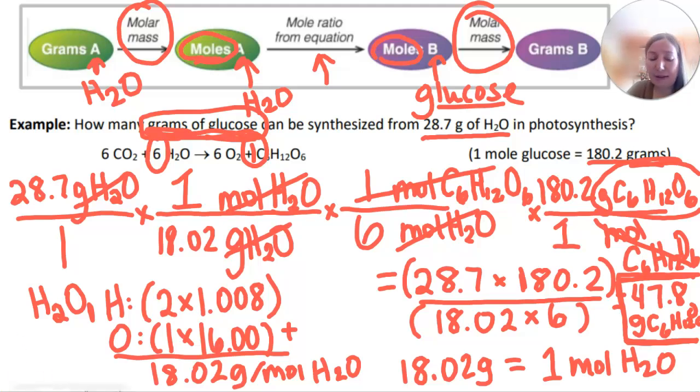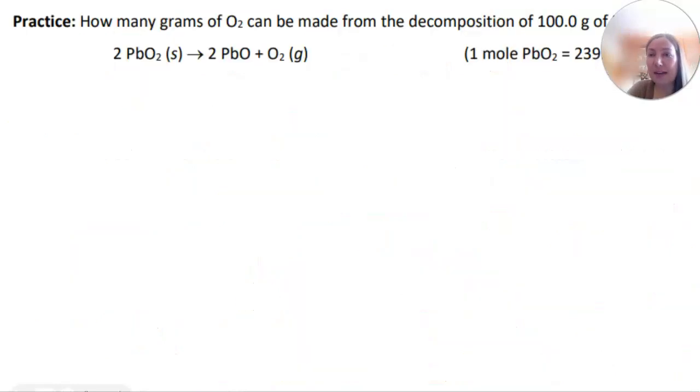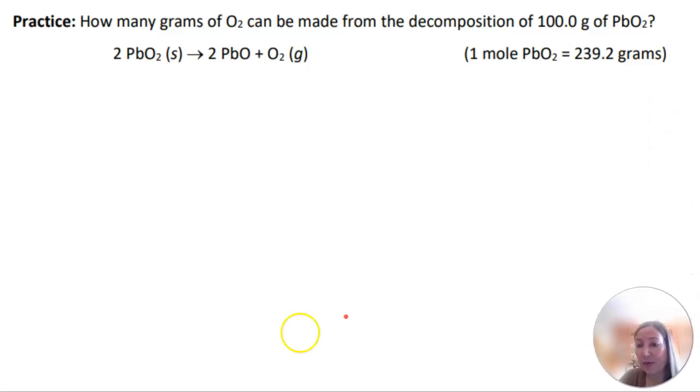Okay, let's try another one together because I think that we probably need a few examples before we're going to feel confident. This next practice problem says how many grams of O2 can be made from the decomposition of 100.0 grams of lead oxide.